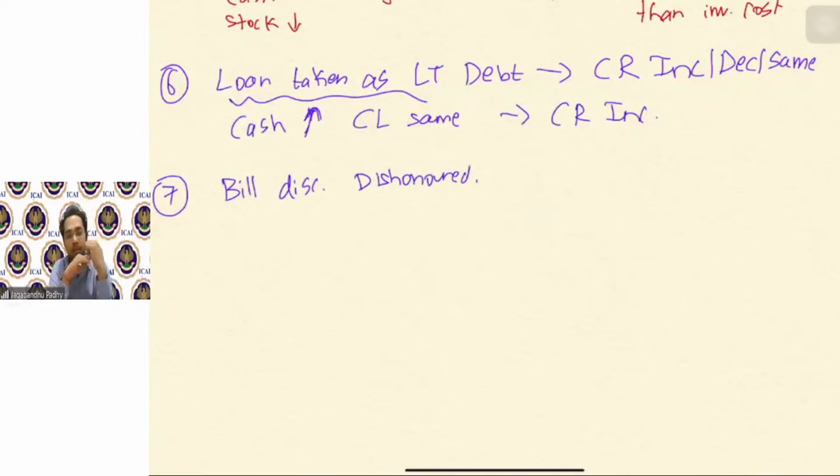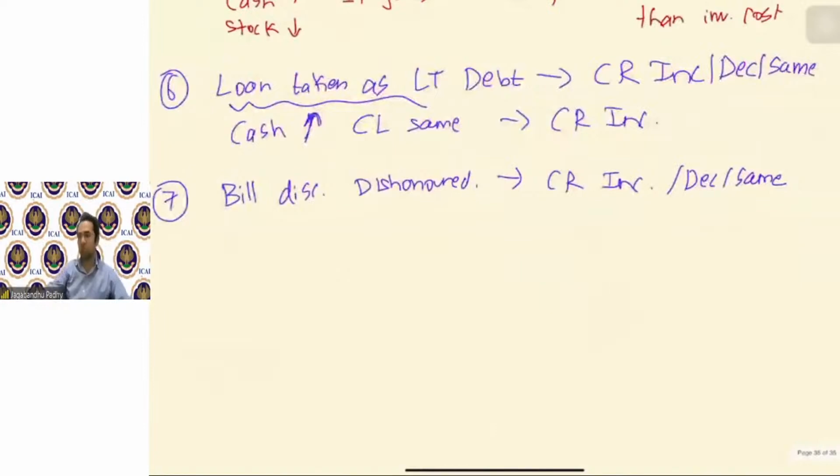Bill discounted is dishonored. What will happen to the current ratio? Will it increase, decrease, or is it going to remain same? Bill which was discounted earlier, now it has been dishonored. So what will be the impact on the current ratio?